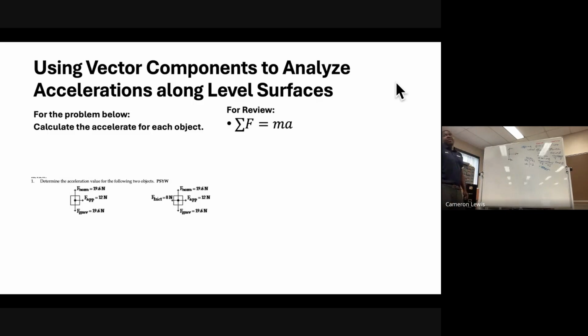Don't worry about the numbers. That's what the free body diagram looks like for this problem. Now, on the second one, what changed? We added friction.